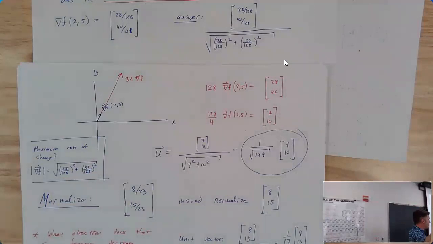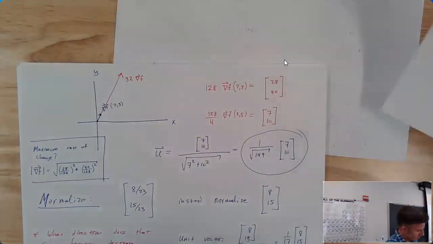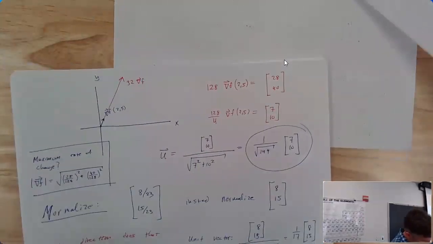I skipped over that here doing it the way I did. Questions about any of this before we look at that homework question that was asked about? And then we'll get into the other stuff. The gradient is kind of the answer to all of it.